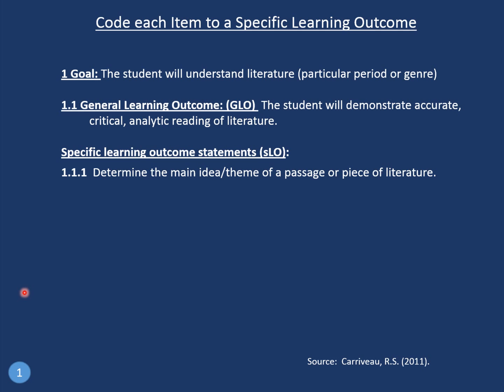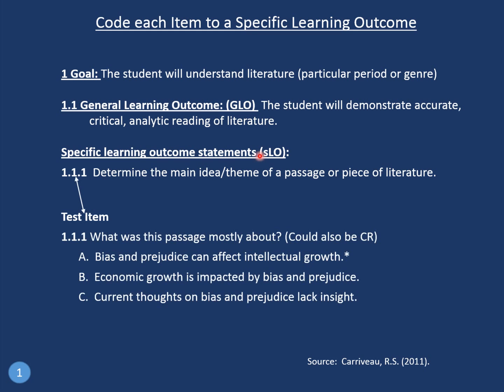And so to be able to break that down, we go to another level, the 1.1 level, which is just the general learning outcome level. And from there, you have to get more specific, because to write outcomes, we need something that is very measurable. And those are the statements that fall in the specific learning outcome. It differentiates it from the group, which is the SLO.